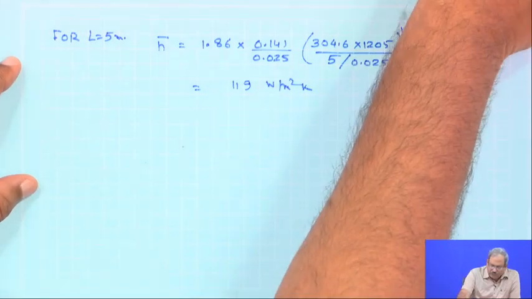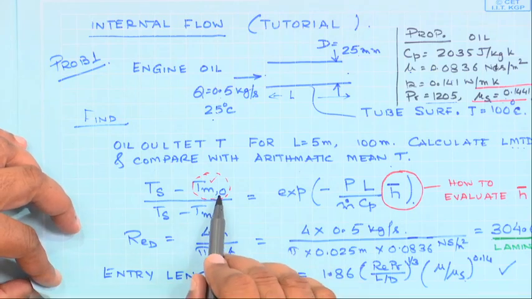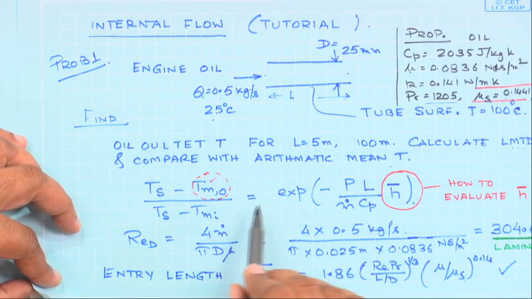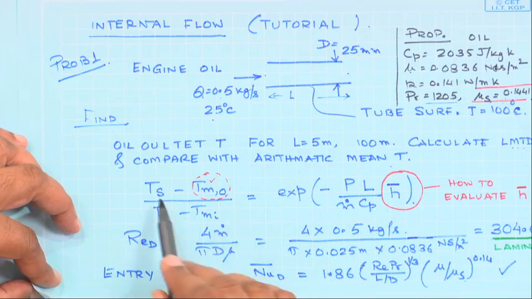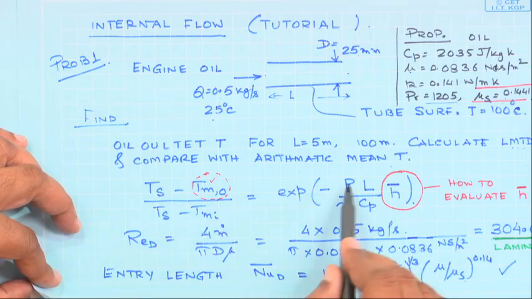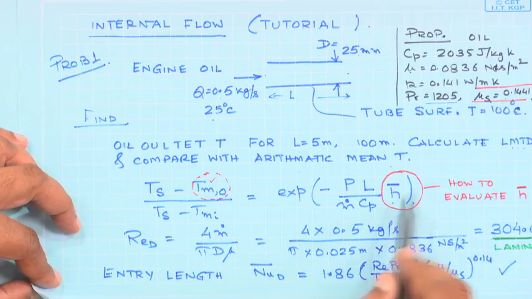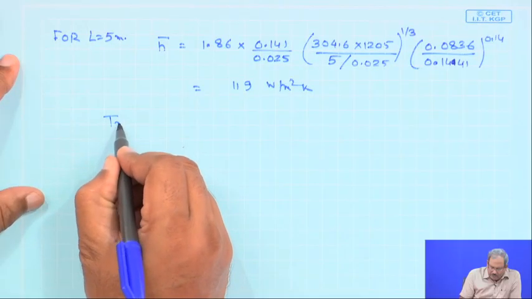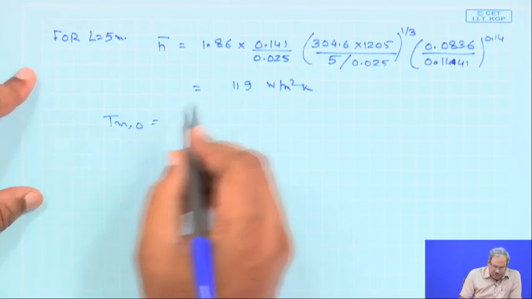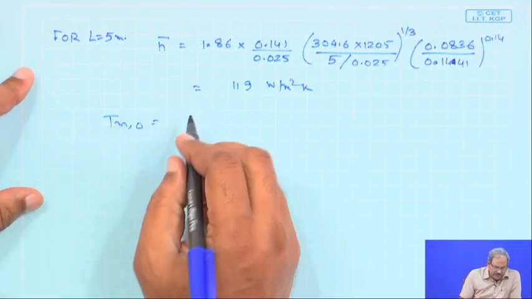So, therefore, from the expression over here I can easily find out what's the value of TMO, since now I have everything, the TS, TMI, PL, M dot Cp and H all are known to me.